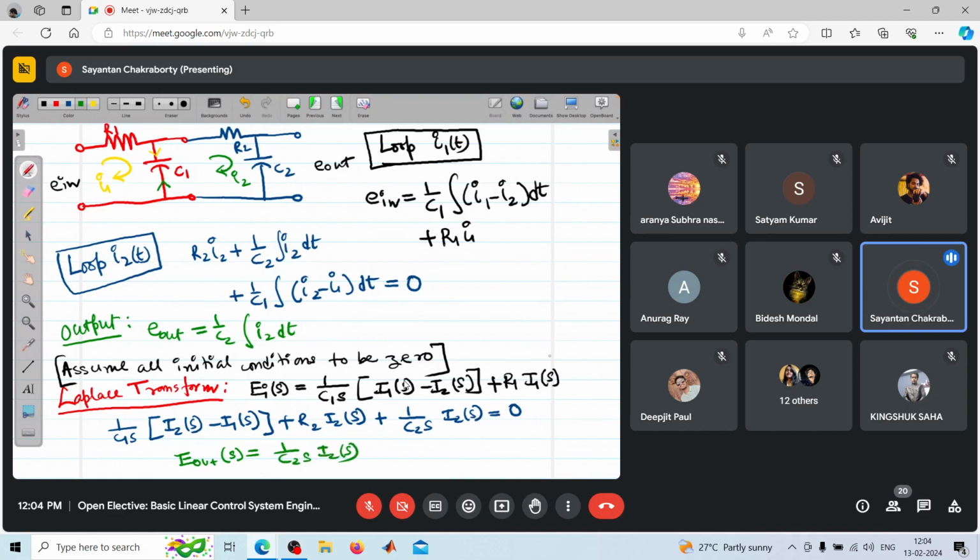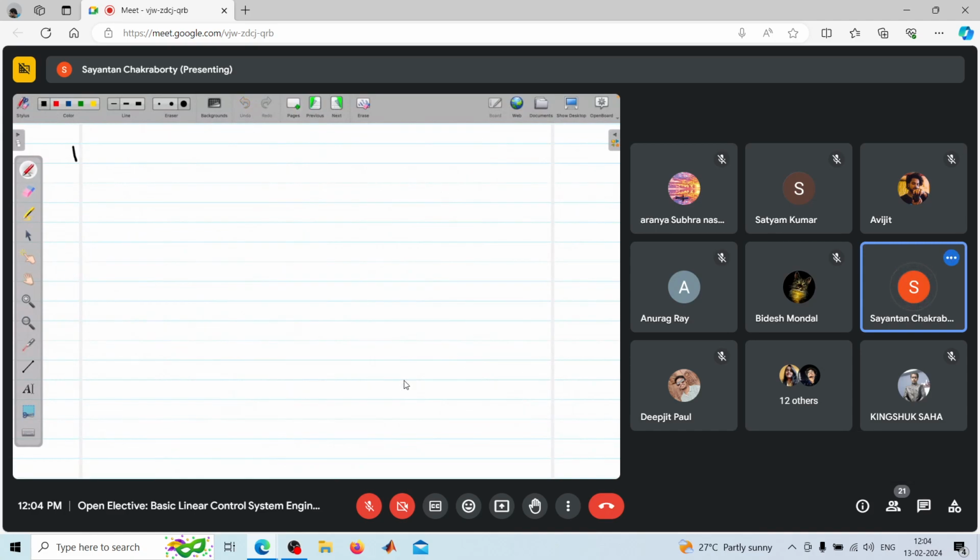Now from these three equations, you eliminate, say, I1, and this equation will finally reduce to the form like this. Sorry, it was E out.